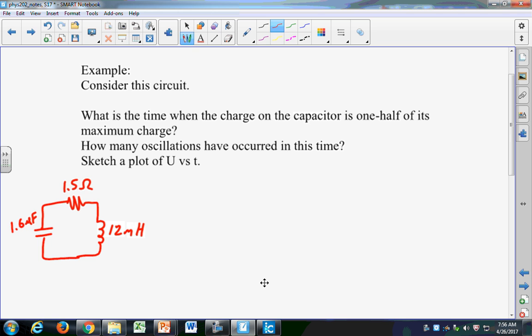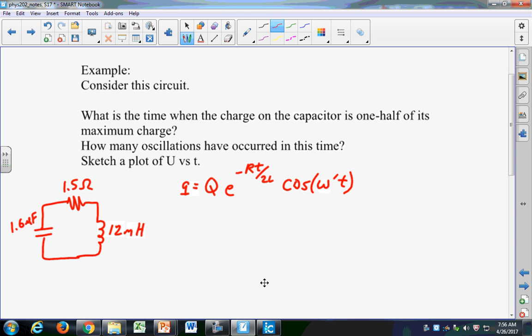All right, so let's look at the first one. First of all, I know that Q is equal to my maximum charge times e to the minus Rt over 2L. This is just my solution to that ODE, that ordinary differential equation, times the cosine of omega prime t.